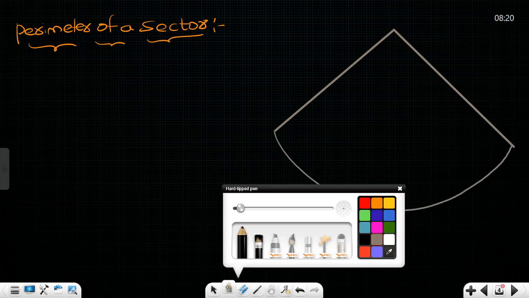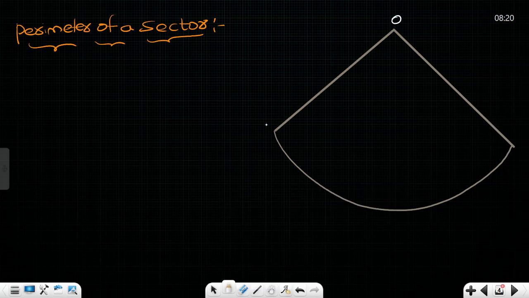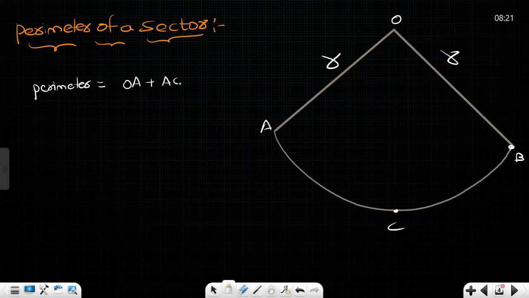See, this is how your sector will be there, OA, CB, right? So this is radius. If you want perimeter, it is nothing but OA plus arc length ACB plus OB.